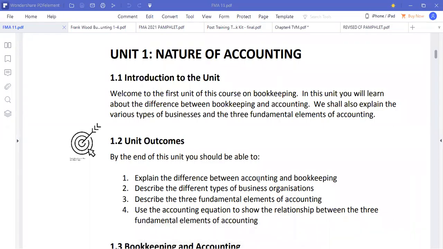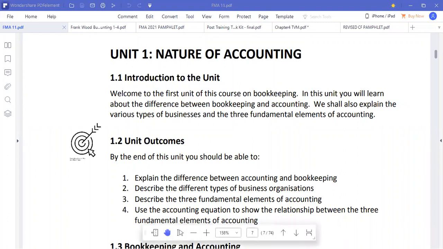Unit 1, we're going to look at the nature of accounting. So to start with, our unit in financial accounting begins with what is called bookkeeping, where you're going to learn the difference between bookkeeping and accounting, and also we're going to explain the various business types and the fundamental elements involved in accounting.